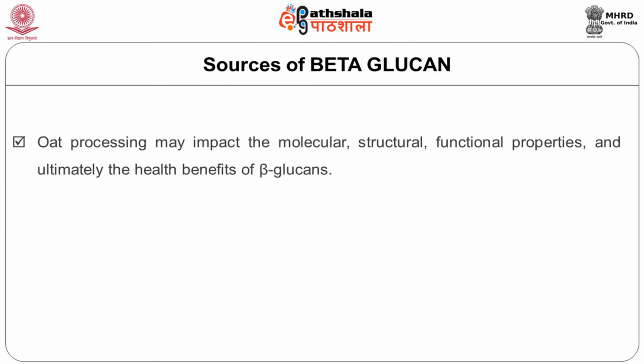So, when we take the rich sources of beta-glucan, particularly oats, processing may impact the molecular, that is chemical structure and degree of polymerization, structural and molecular interactions, functional properties like viscosity, water binding capacity and solubility, and ultimately the health benefits of beta-glucan.